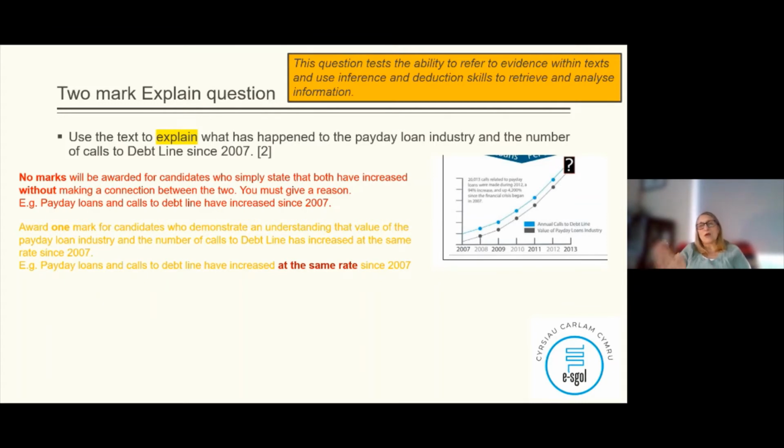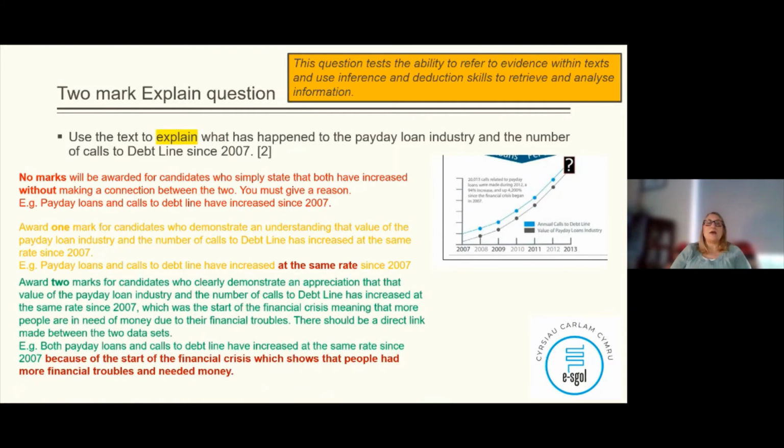We can see on the graph they're both travelling at the same rate all the way across. The curve is the same, so we can say that, but it's still not enough to gain the full 2 marks. Why have they increased at the same rate? That's what the examiner wants to know. So this is where we put our reasoning.